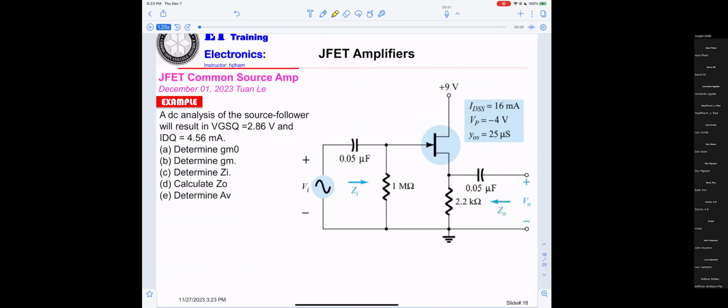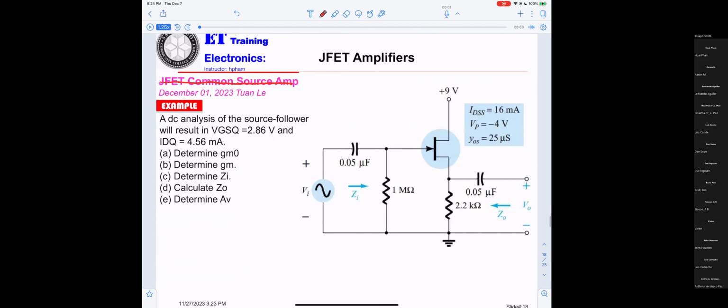Okay, so basically that will be common drain. Okay? And that's just an example. They want to know what the gm, input impedance, output impedance, and the gain.